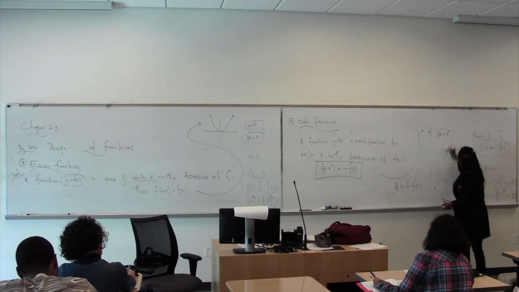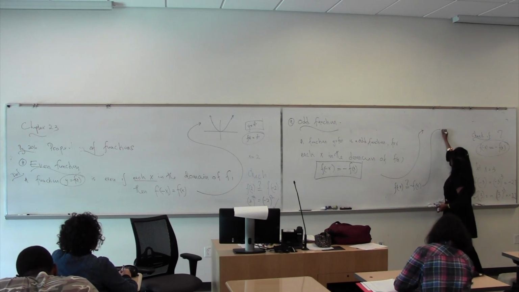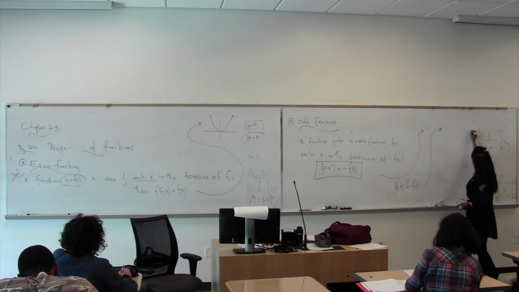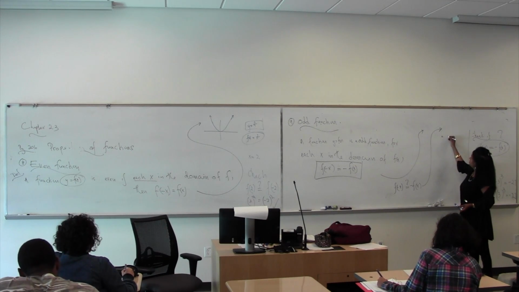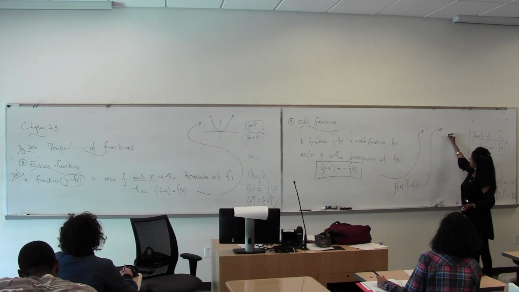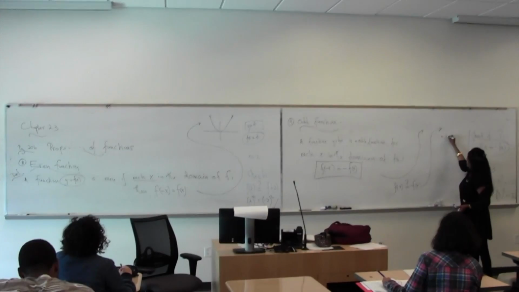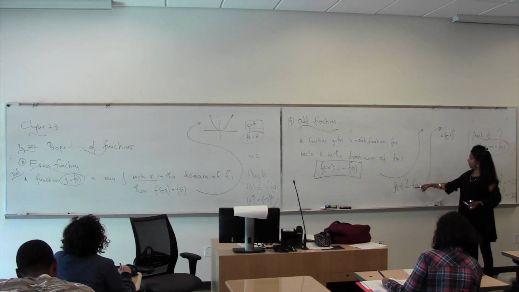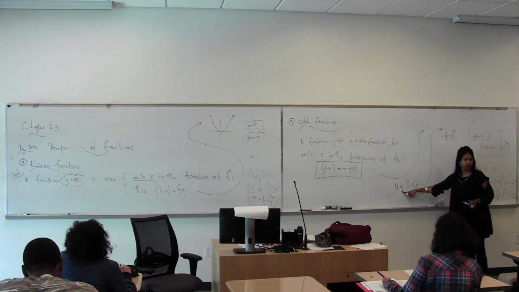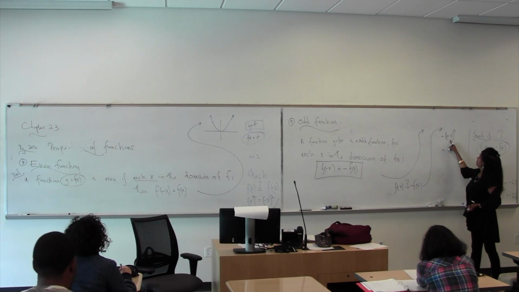So I'm going to do the checking algebraically. What is f of negative x? It's negative x to the power 3. Get rid of the parentheses, that means negative x cubed.